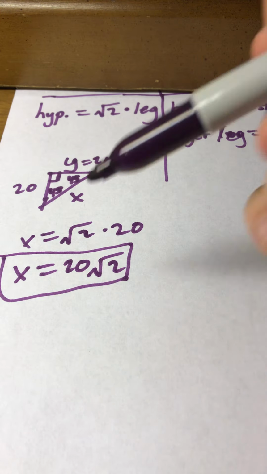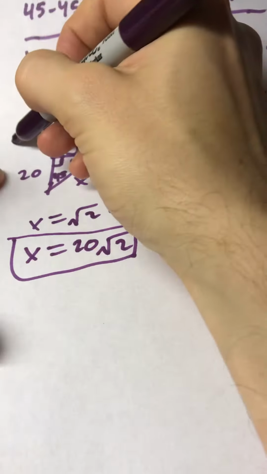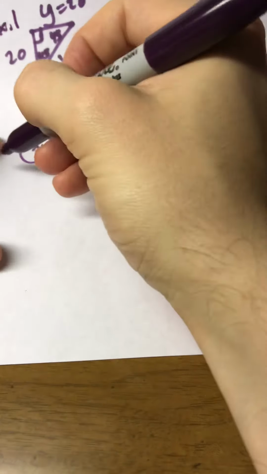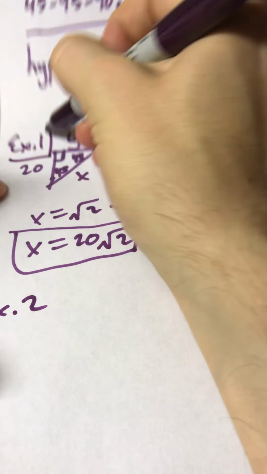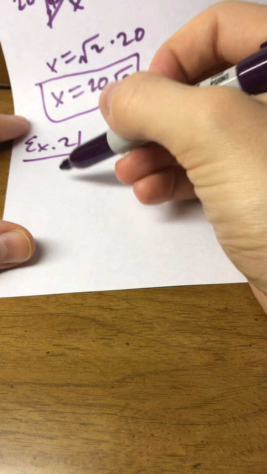Let's try this one. So that's example 1. We'll look at example 2. Sorry, I need to mark those off. Okay, so draw another right triangle.